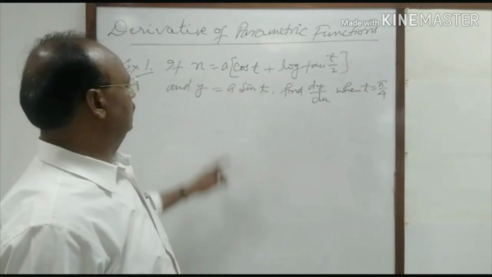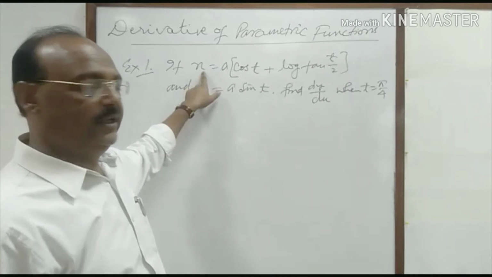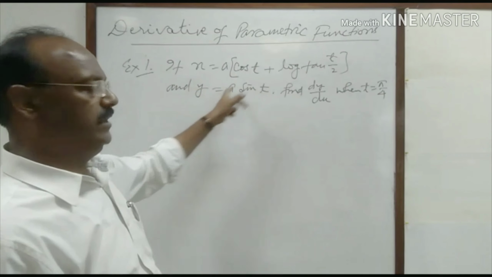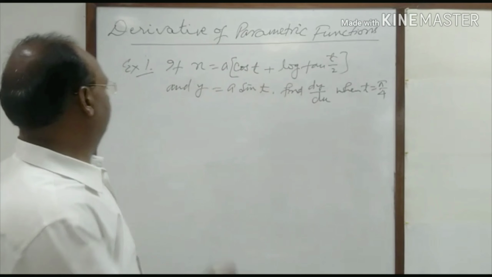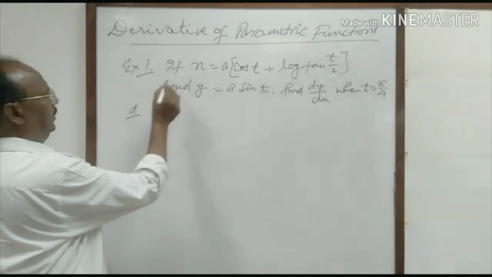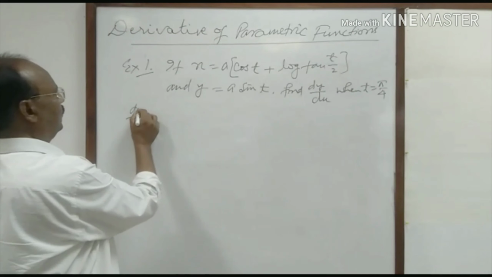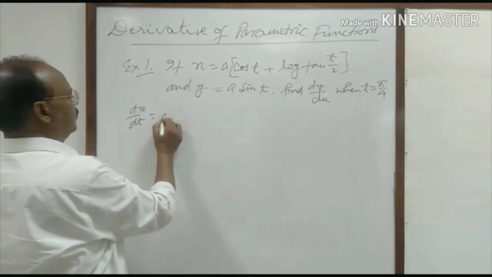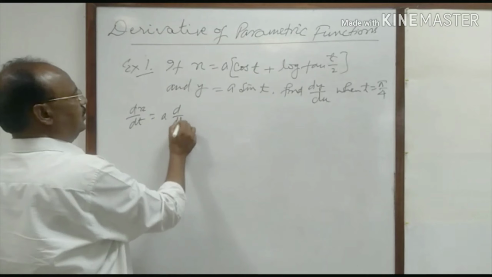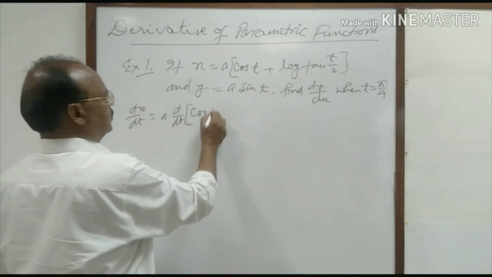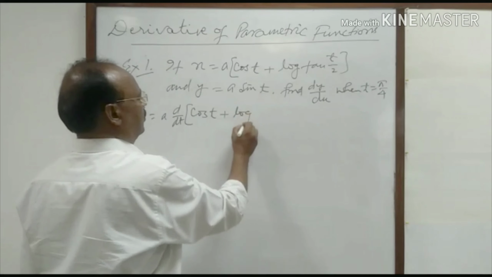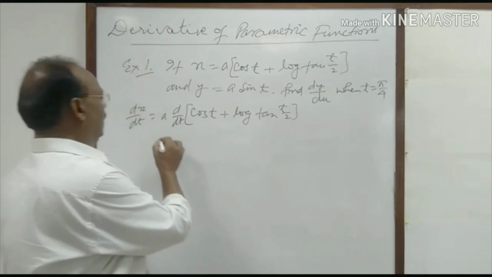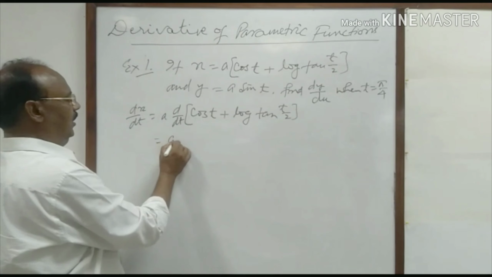So first of all, we will get the derivative of x with respect to t and derivative of y with respect to t. So derivative of x with respect to t, that is, a is constant here, d/dt of (cos t plus log tan t/2), and this is equal to a.